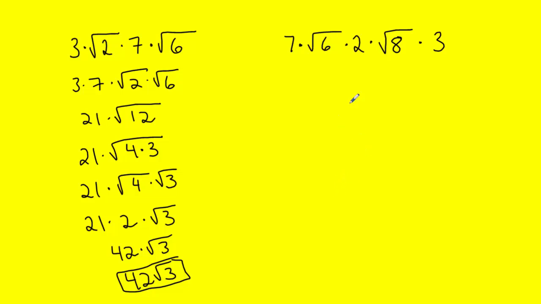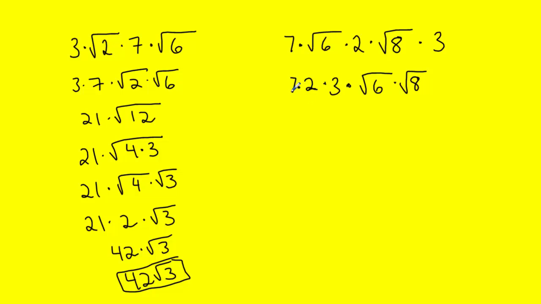So it doesn't really matter what example you get, you just use the same ideas. Any of the numbers that are not in the square roots, I can multiply those together first. So I can do 7 times 2 times 3, and then I'm going to put the square roots next to each other, so 6 times 8.